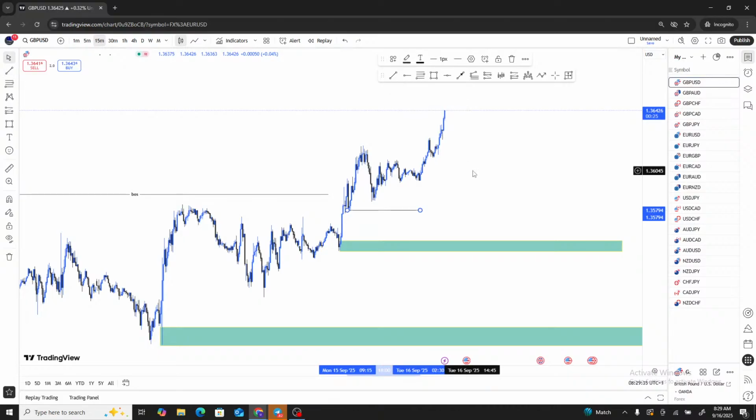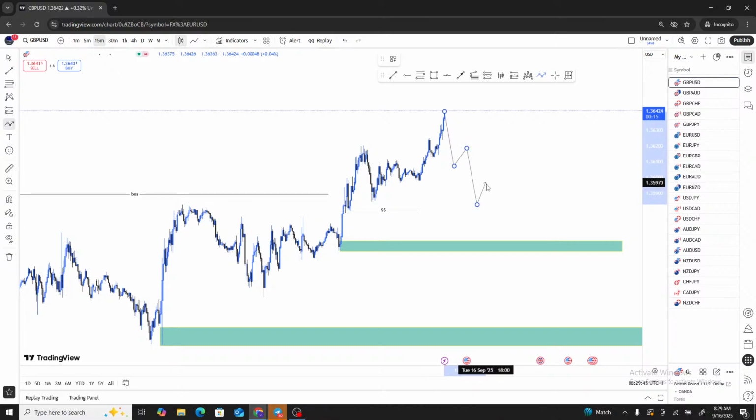This is the liquidity zone. So what we expect of price is to come down, take away this liquidity, tap into this order block, give us a rejection, and continue to the upside.